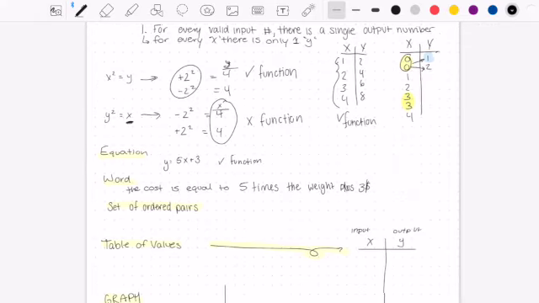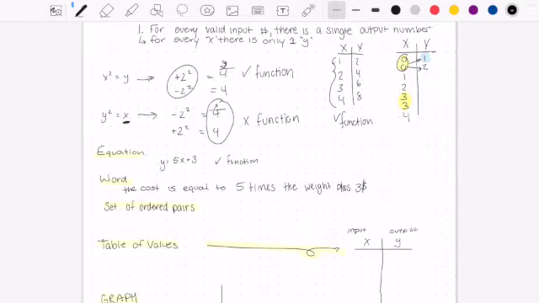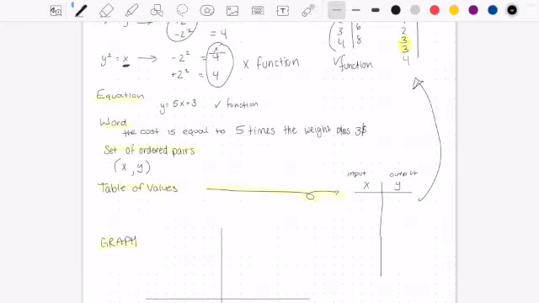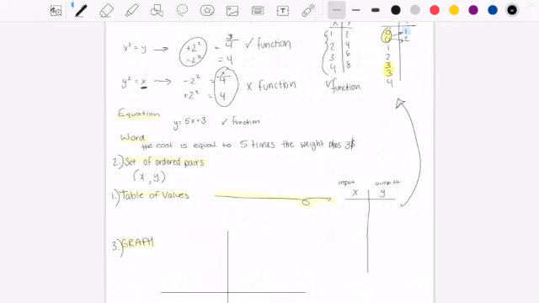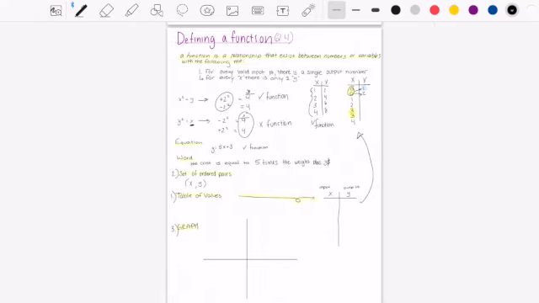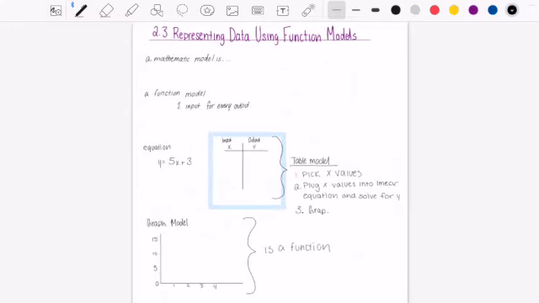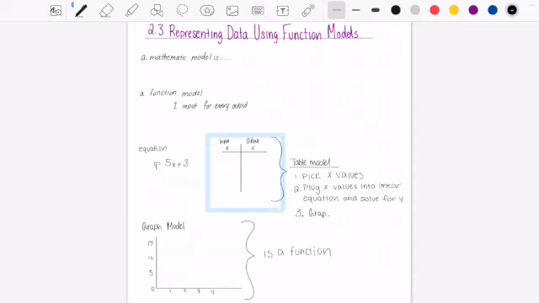A set of ordered pairs and a table of values will come from actually doing some calculations here. We'll talk about that in a second, but remember our set of ordered pairs is our x and our y, and our table of values looks like what we talked about up there. Once we get our set of ordered pairs and our table of values, we can graph it. And so that's kind of the steps. So this is about defining a function and the information that we can get from it.